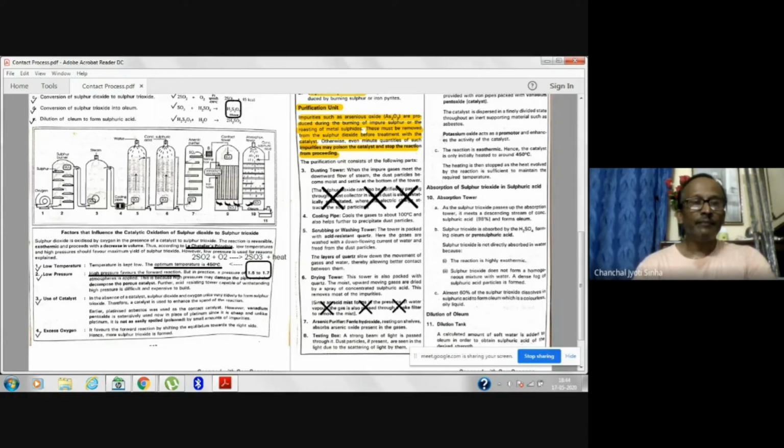Number 3, this one is the dusting tower. Here, a downward flow of steam is applied. The dust particles become moist and settle at the bottom of the tower.